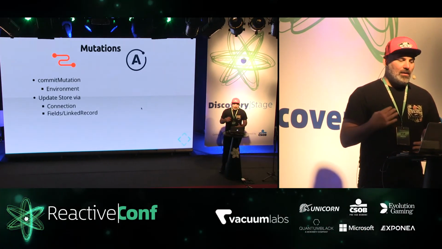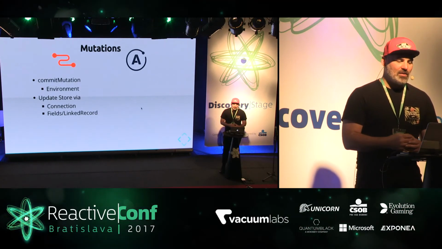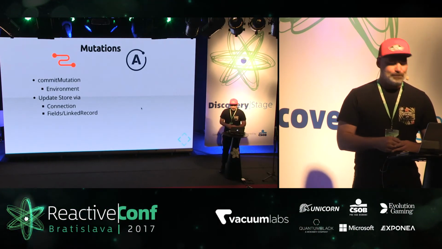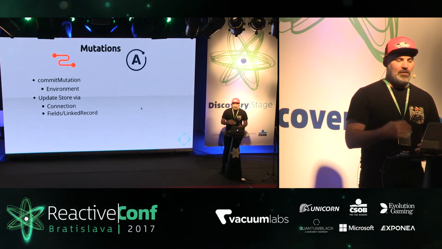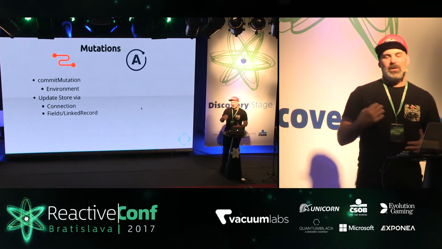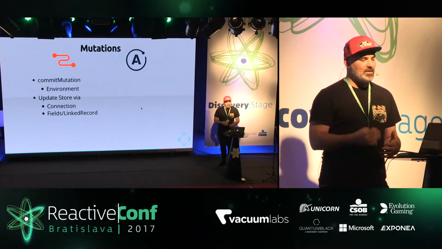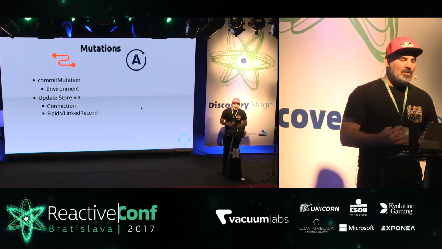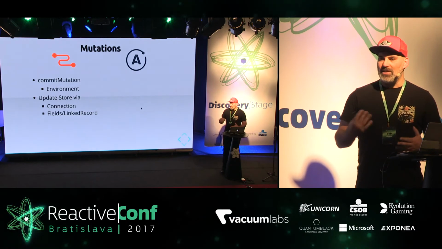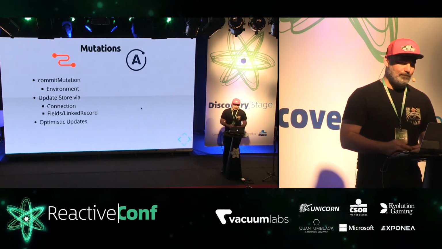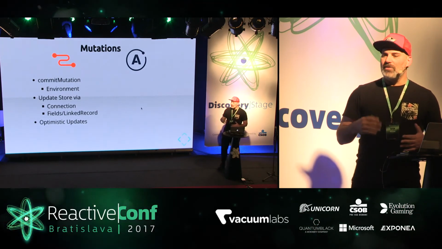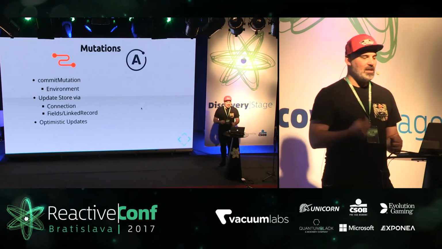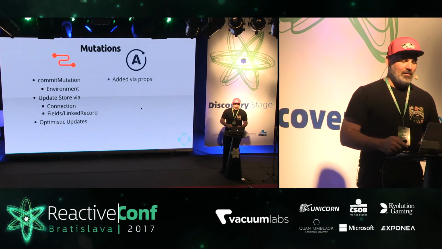And we're using these abstractions to update our schema. And we introduce these concepts of connection. We also introduce fields and what is called link records. And this will be handling the mutations, the changes that we do in our schema. The good thing is that this will handle optimistic updates for us, so it gives us some extra features.